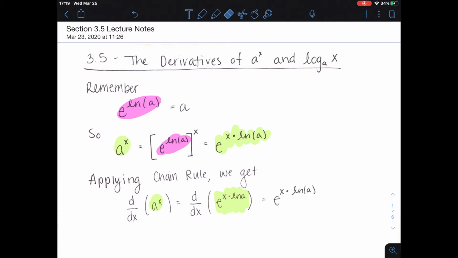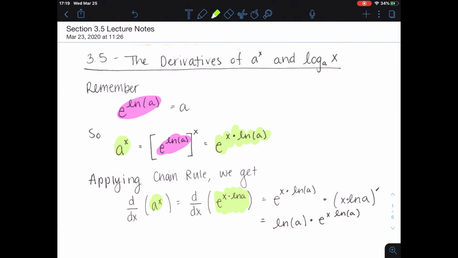So the derivative of e to the x is always e to whatever you had there before, but now chain rule tells you you have to take the derivative of the exponent as well. So when you differentiate x natural log of a, ln of a is just going to be a number. It's going to be ln of 2, ln of 3, whatever it is. It's just that constant. And then you get the e to the x ln of a back.